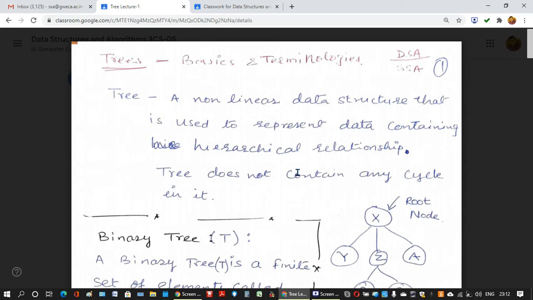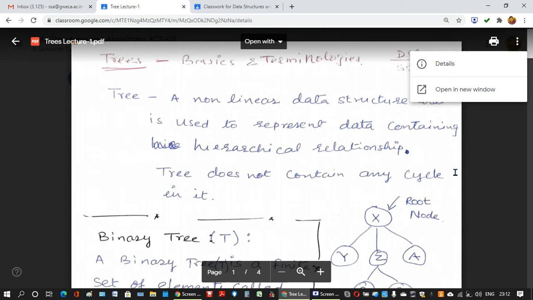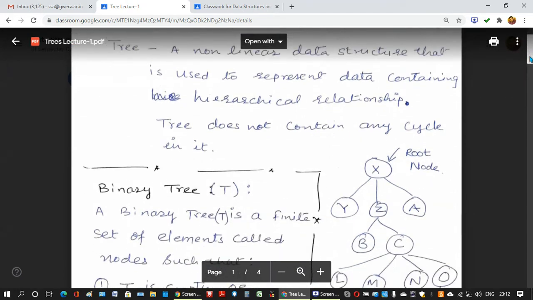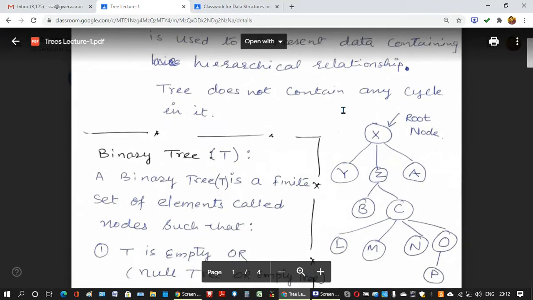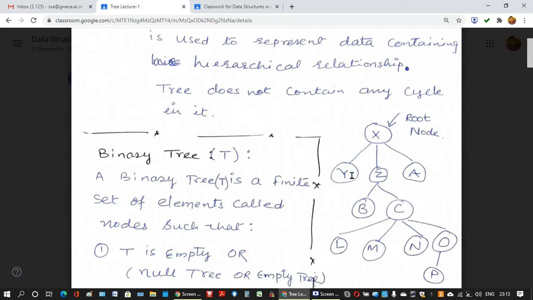So that is what hierarchical relationship means. So tree is a nonlinear data structure that is used to represent data containing hierarchical relationship. So tree does not contain any cycle in it. So we will see what a cycle means and how it does not contain a cycle.